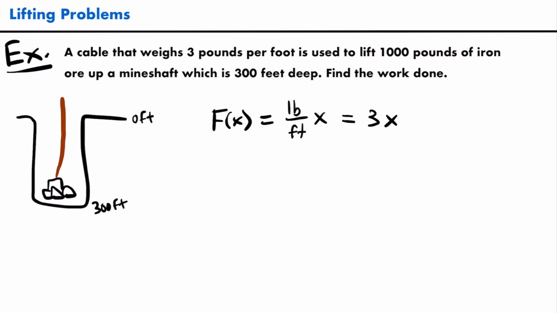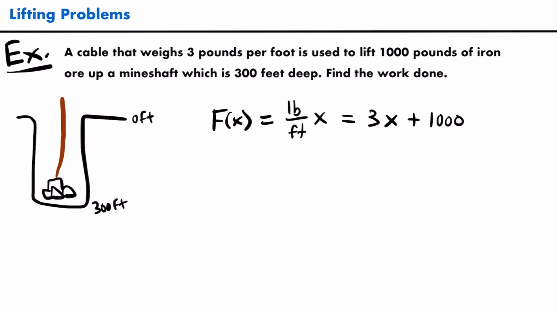And so unlike the weight of the cable, which is variable, this weight is constant. And so we're just going to add that 1,000 pounds to our force function, right? So we're going to have the variable force for the cable plus the weight, or the force, on the iron ore, which is 1,000 pounds, and that is constant. All right, so our force function is equal to 3x plus 1,000.